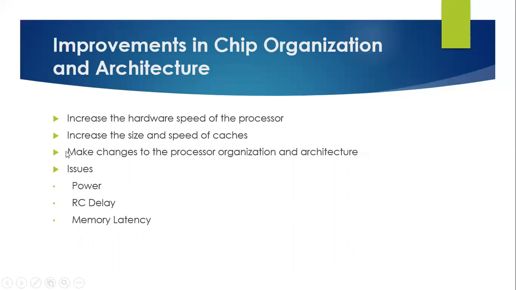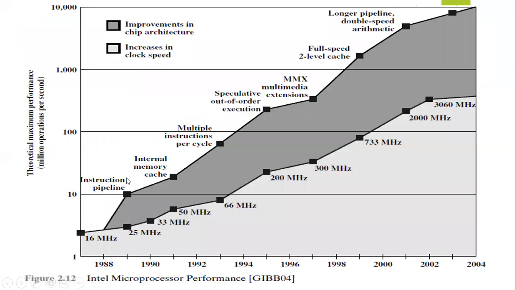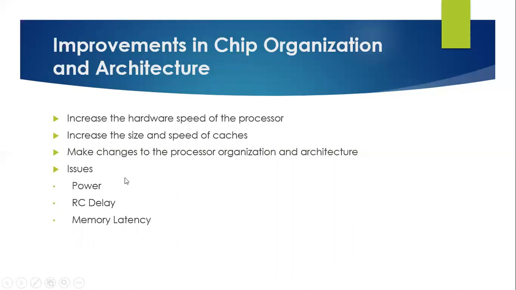For improvement in your computer performance, you need to increase the size and speed of caches. Also, you need to make changes to the processor organization and architecture. The issues will be power, RC delay, and memory latency. Memory latency means the time it takes to copy data from your memory to your CPU and vice versa.